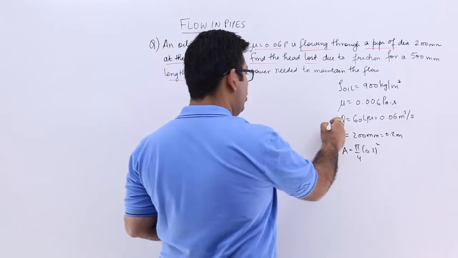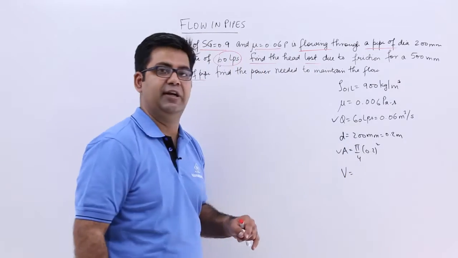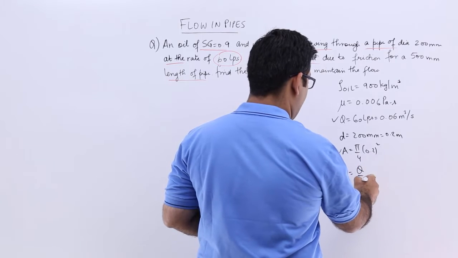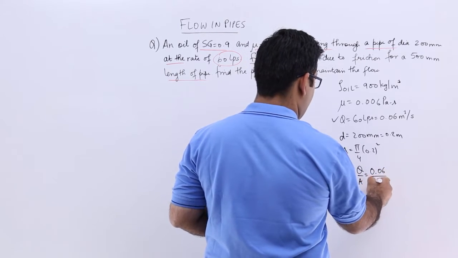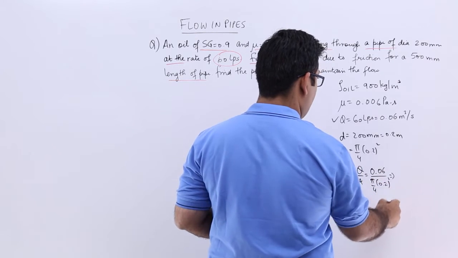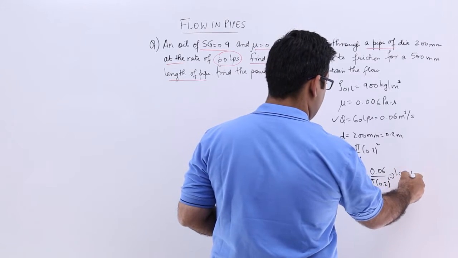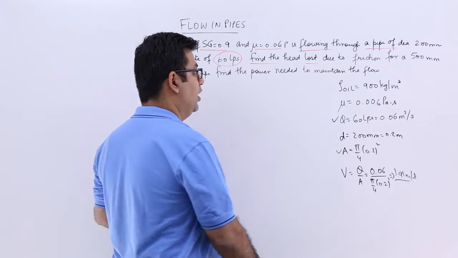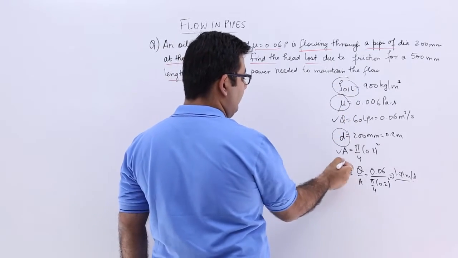Now with Q and with A, we can find out the velocity, that is V, which is Q upon A. So Q upon A is 0.06 upon pi by 4 into 0.2 square. So this will come out to be 1.91 meters per second.